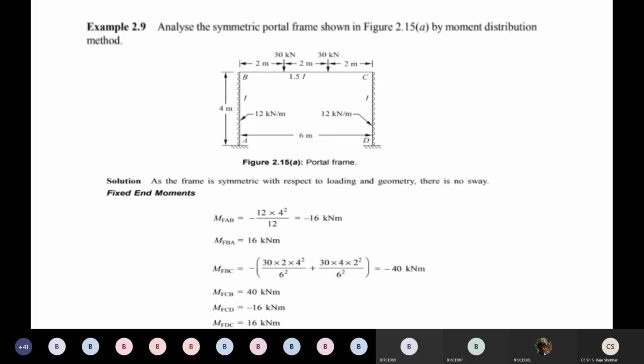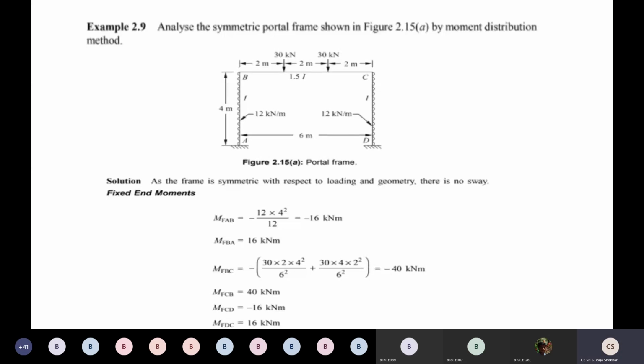Okay. So we have different formulas for the calculation of fixed end moments for different loading and support settlements. If the support is settled by delta, the fixed end moment can be calculated by using the formula 6EI delta by L square. If a beam has a uniformly distributed load throughout the span, the fixed end moment can be calculated using the formula WL square by 12.